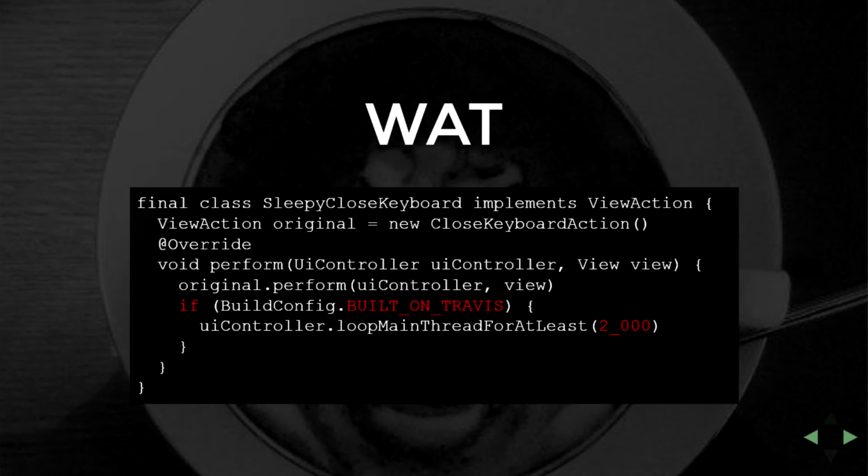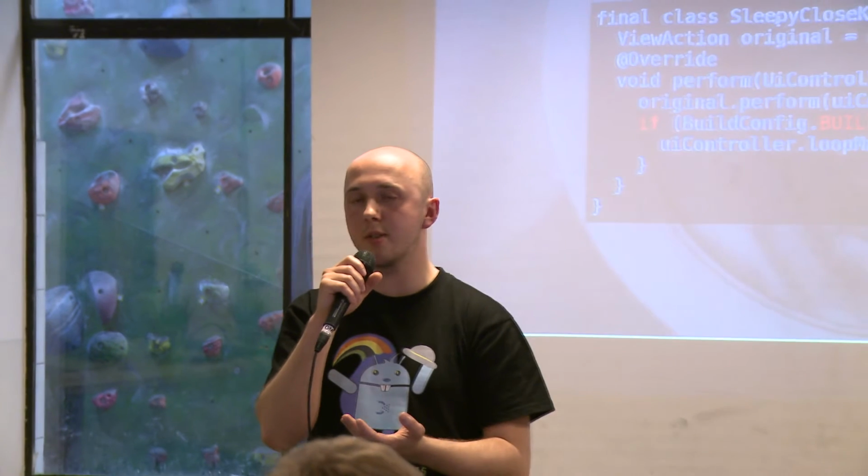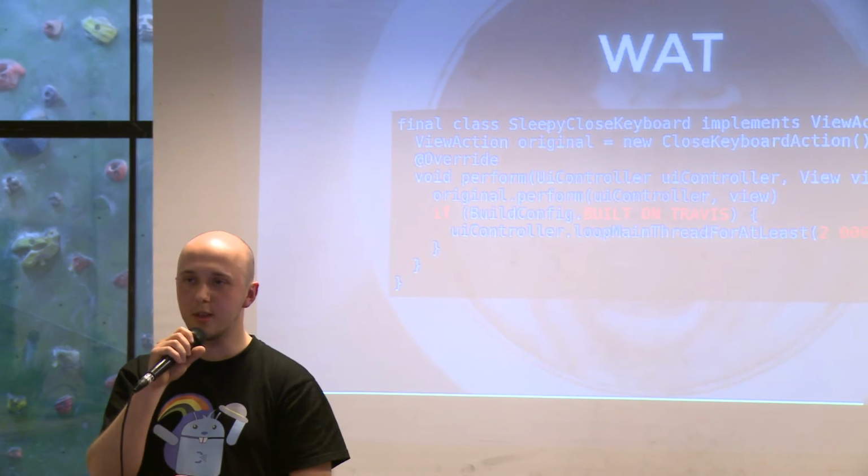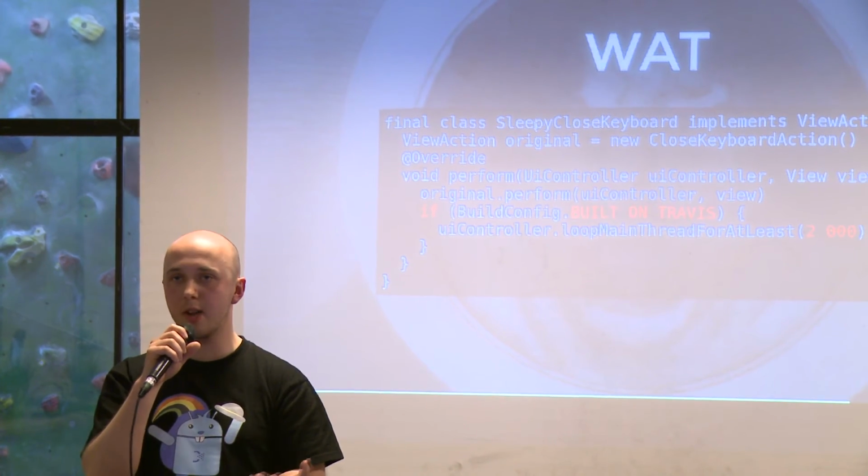So there are more issues, like if you have a keyboard showing, so for example, any time you use edit text, on your local machine, on a fast computer, it will close the keyboard before performing another action.